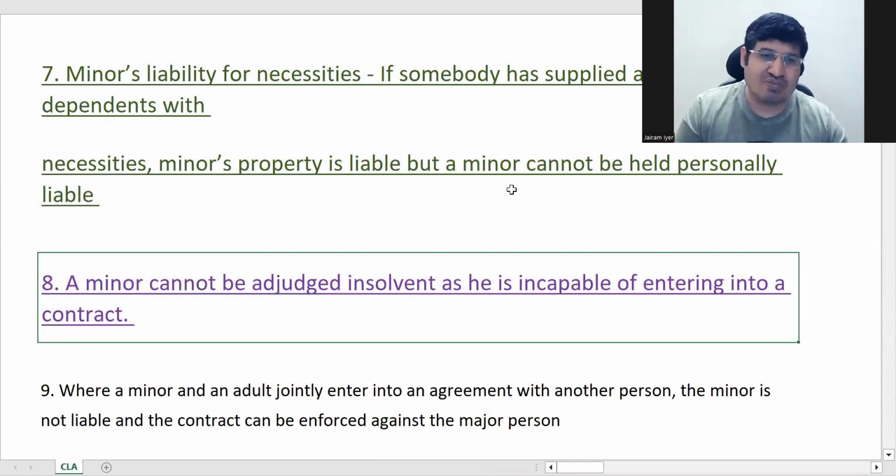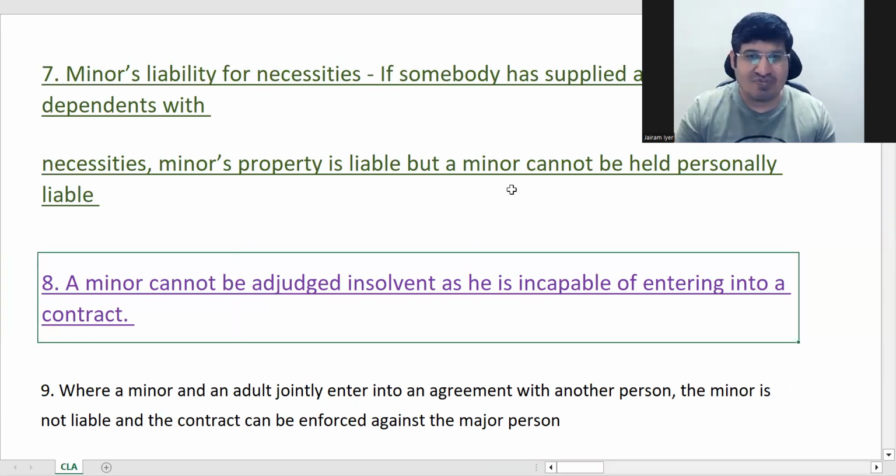Then a minor cannot be judged insolvent as he is incapable of entering into a contract. He is not competent to contract, and insolvency is basically a contract. Insolvency means you have entered into a commercial contract and now you don't have the assets to pay it. So whatever assets are there are distributed, and you are declared an insolvent. A minor cannot be adjudged an insolvent.